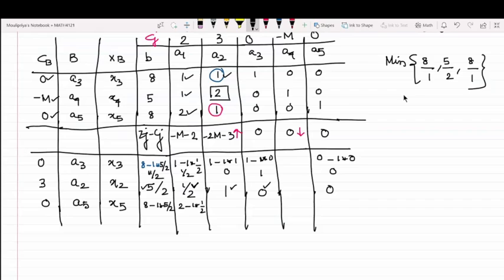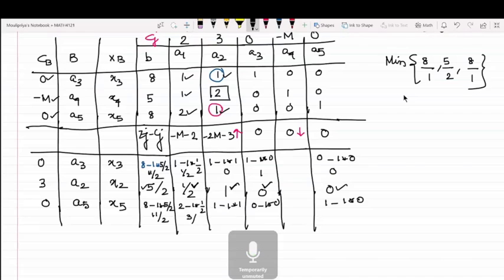This was initially 1 minus 1 into what we got, that is 1. It was 0 minus 1 into 0. This was 1 minus 1 into 0. That implies eventually we are getting again 11 by 2. This is 3 by 2. 0, 0, 1.